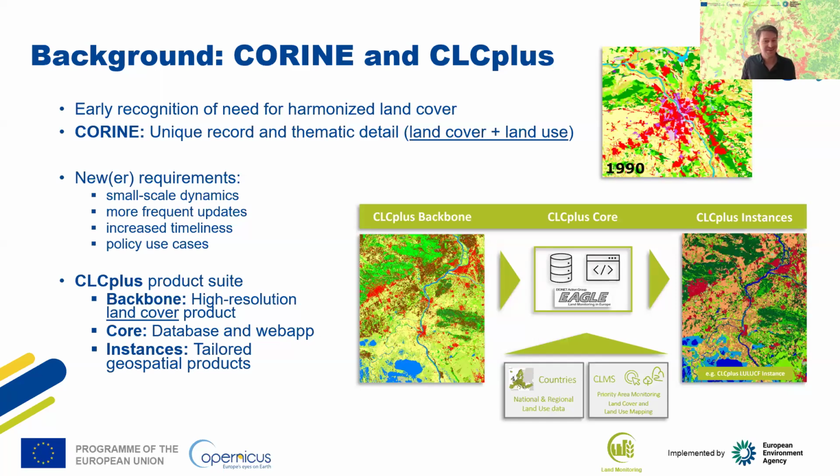Well, we have to admit that the originally intended approach to produce a bottom-up, high-resolution pan-European Corinne-like land cover and land use product from a land cover product, a kind of backbone, that is also the name of this land cover product, and the harmonization of land use information from 38 different member state data sets that are all brought together in a common database, so-called CLCplus core, and harmonized there geometrically and then also semantically, has proven very costly until today and also difficult.